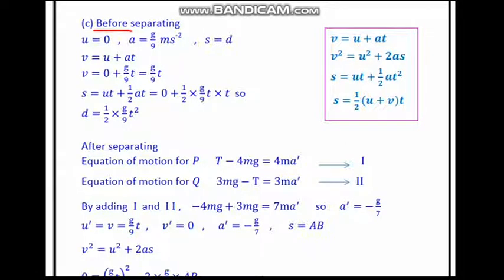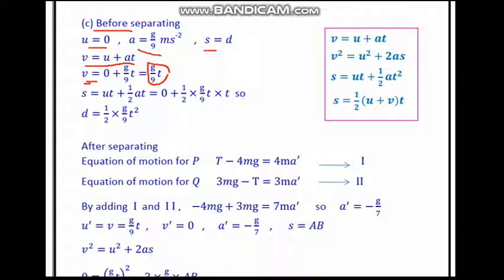First part, before separating: u equals 0, acceleration a equals g over 9, s equals d. Use the equation v equals u plus at, with a equals g over 9. So v will be g over 9 t. It's okay, v will be u in the next part.